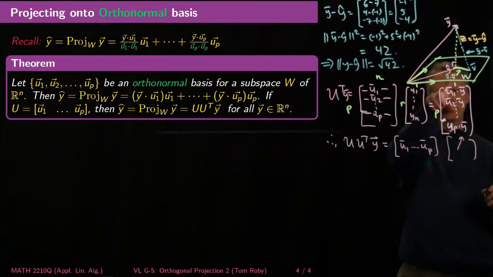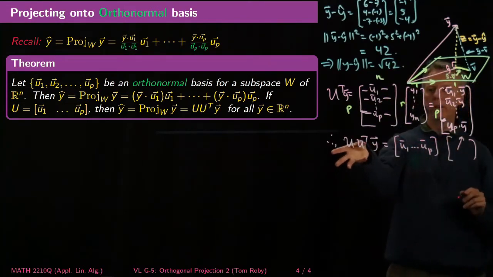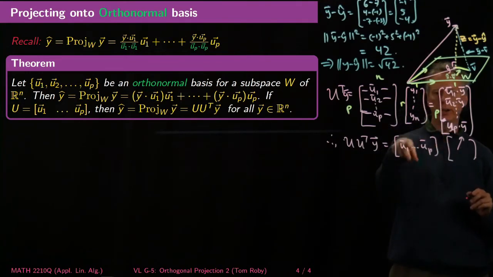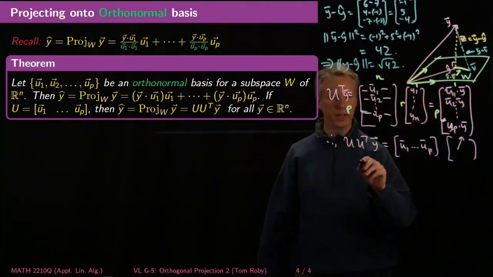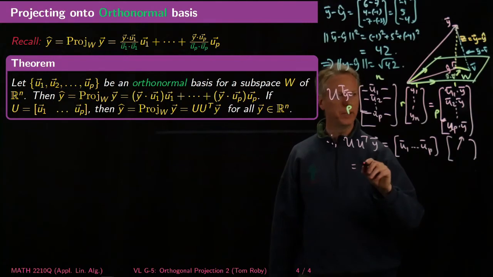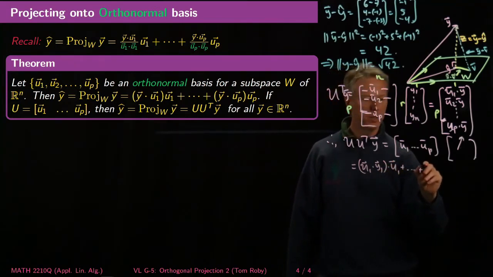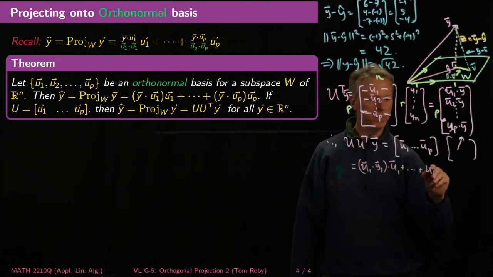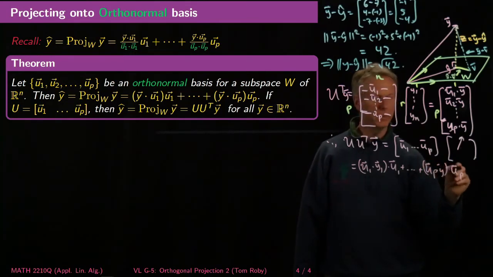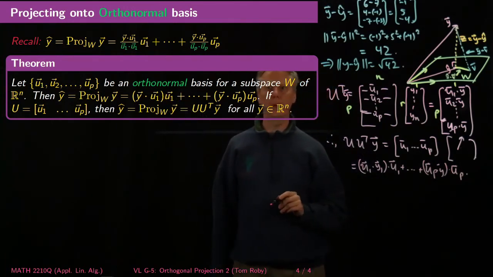So this thing up here is a matrix of scalars, and now I want to think about matrix vector multiplication as just taking this linear combination of these guys, and so I just end up getting this linear combination: u1 dot y times the vector u1 plus dot dot dot plus up dot y times the vector up, right? And that's the formula I have up there.